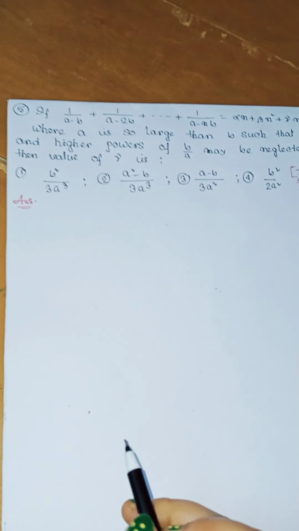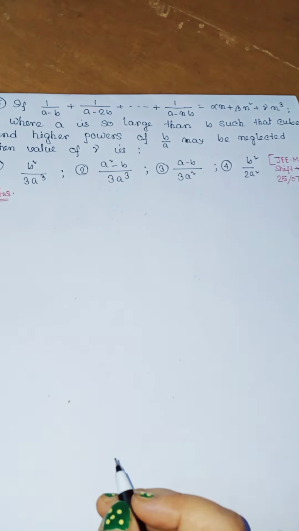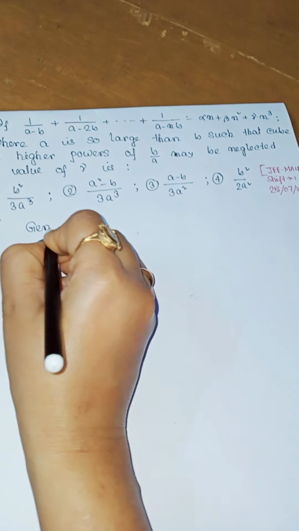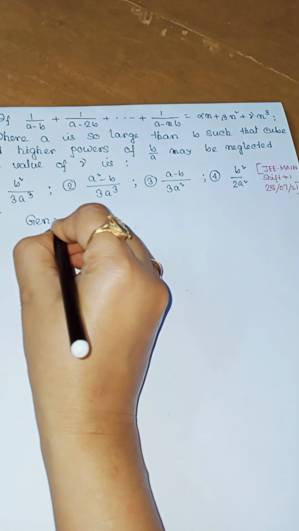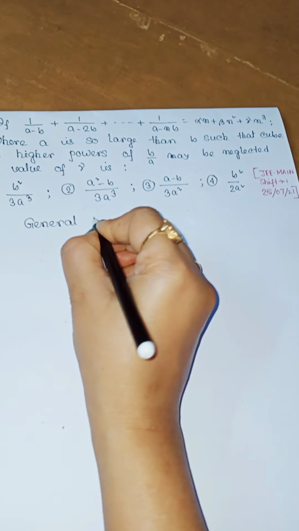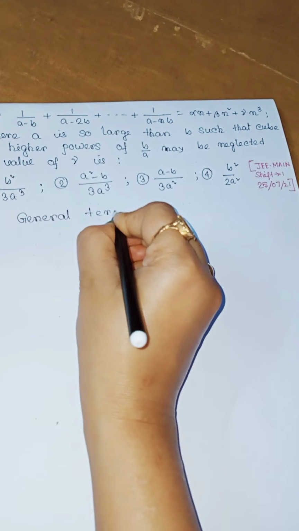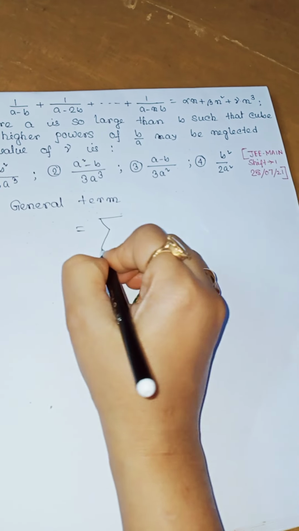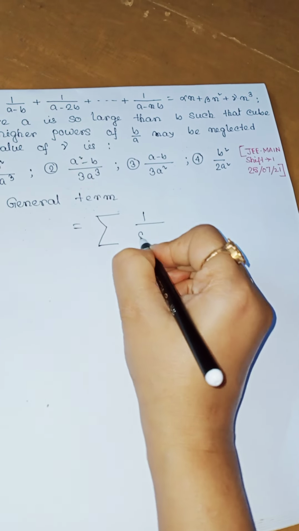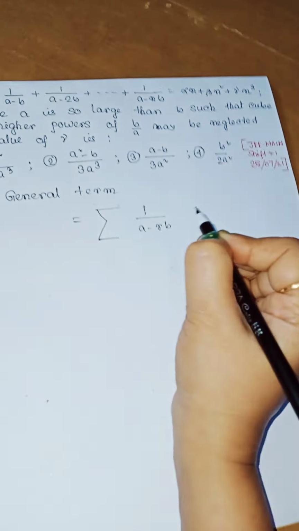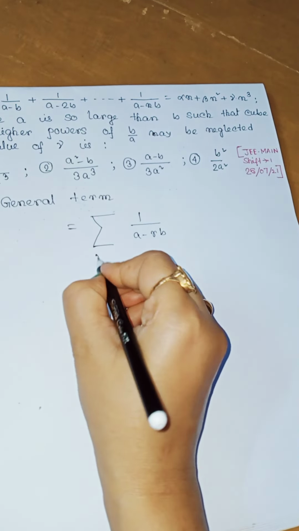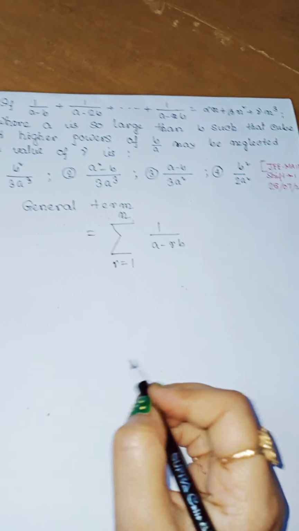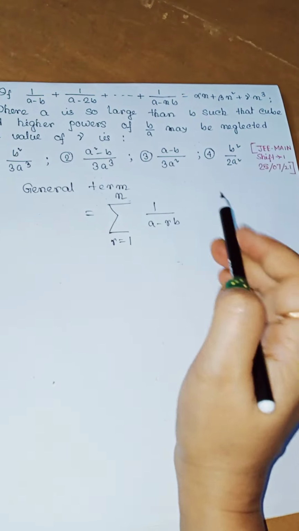So we should first calculate the general term. The general term of this series is 1/(a - rb), with r going from 1 to n.